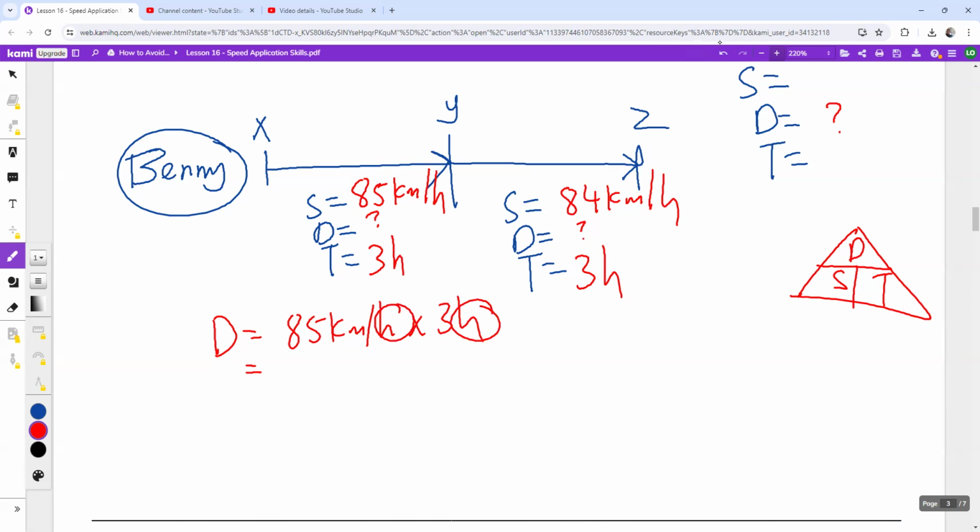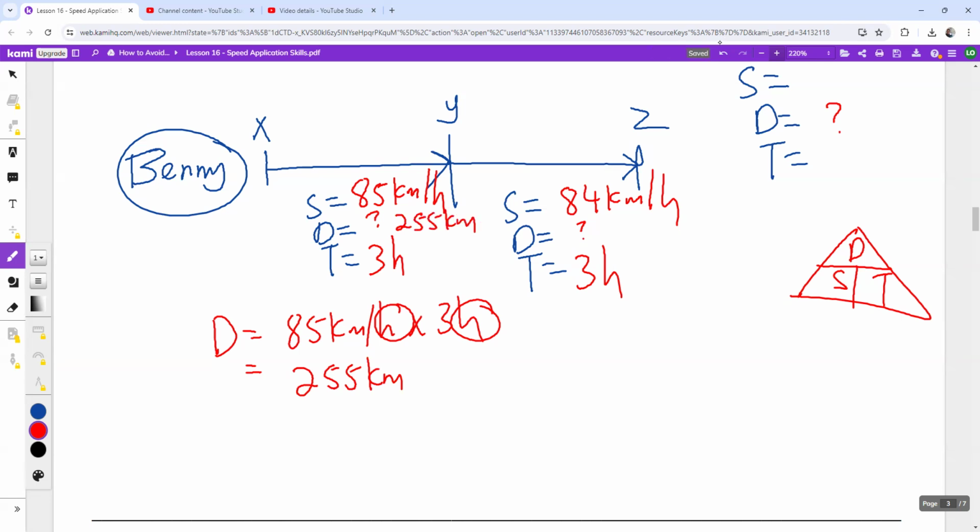If the units are the same, then you can multiply. Because if they are not the same, you will have to convert to make the units the same. So you have 85 times 3, that will be 255 kilometers. And you put that inside your model. Whatever you work out, you put into your model.